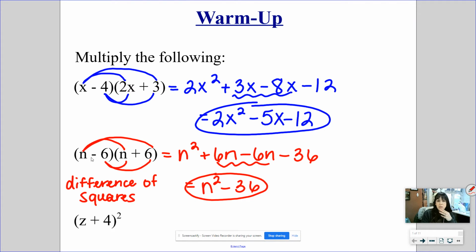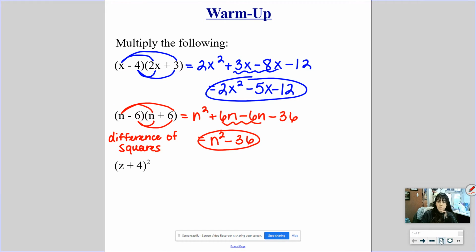Squares just means that they're identical. And the reason why it has a special name is because every single time you have something set up like this, the negative 6 and the positive 6 are going to always make these middle terms cancel. So it is helpful if you can recognize that that's going to be a difference of squares so that you understand what's going to happen when you do that multiplication step.